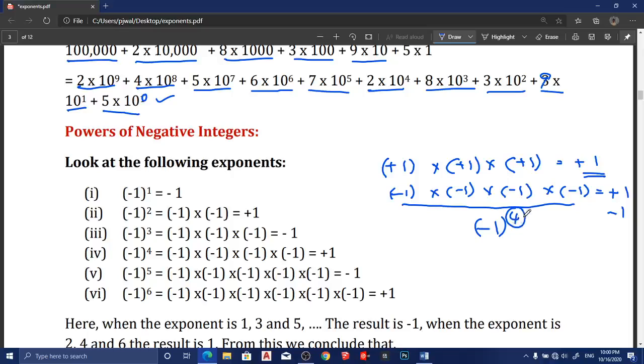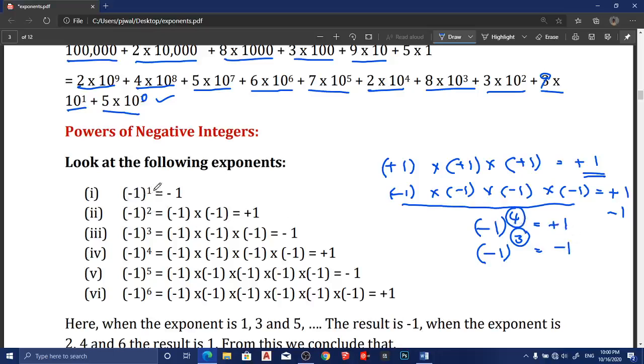If the power is an even number, you will always get a positive number. If the power is an odd number, meaning 1, 3, 5, 7, 9, like that, you will get a negative number.